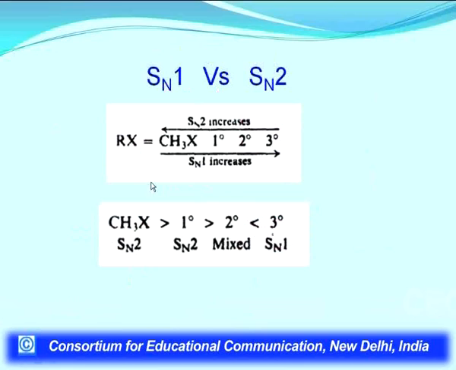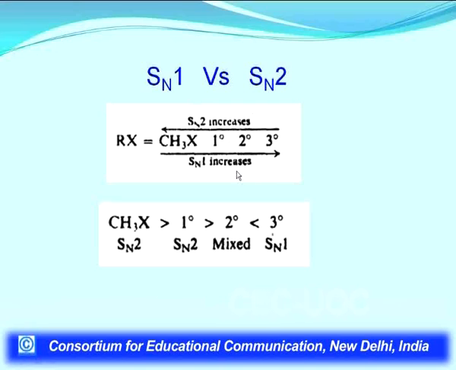Now, with respect to alkyl halides, if we move from methyl halide to primary to secondary to tertiary alkyl halide, the rate increases by the SN1 mechanism and decreases by the SN2 mechanism. So, under a given set of conditions, if we have a secondary alkyl halide, it may proceed to the formation of product partly by one mechanism, partly by the other mechanism.